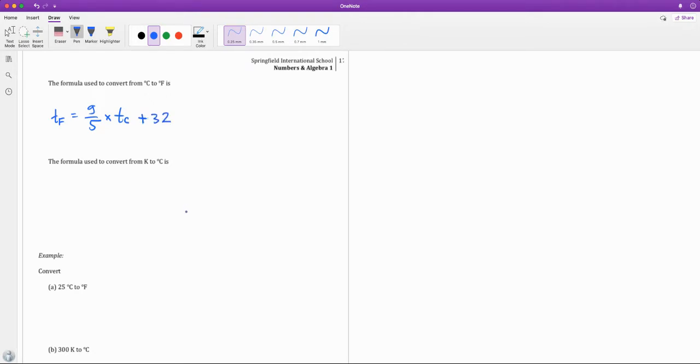What happens if we want to convert from Fahrenheit to Celsius? Here's what you need to do. We need to make TC the subject. For this formula, the TF is the subject. Now we need to make TC, temperature in Celsius, the subject. How can we do it?